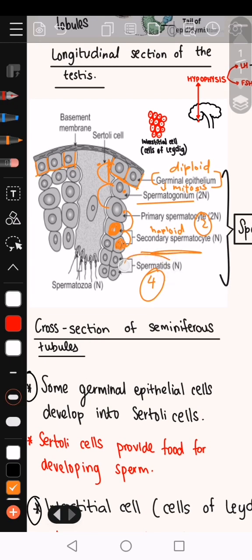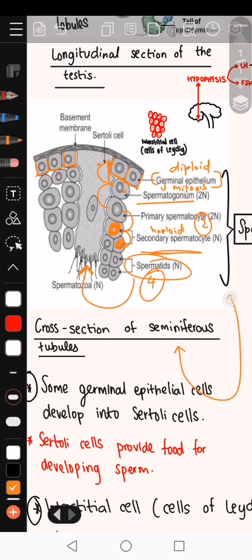These spermatids are not mature yet. They will grow and mature, and then give rise to spermatozoa. Now you might be asking, what is the Sertoli cell over here? This Sertoli cell is also an important cell. Some of these germinal epithelial cells develop into this large Sertoli cell, which provides food for the developing sperm.